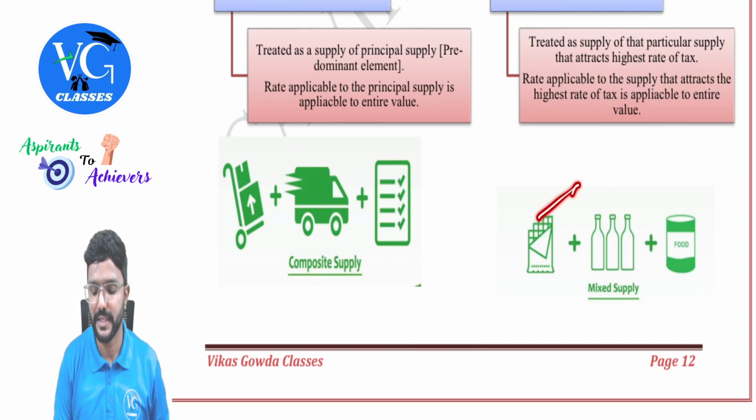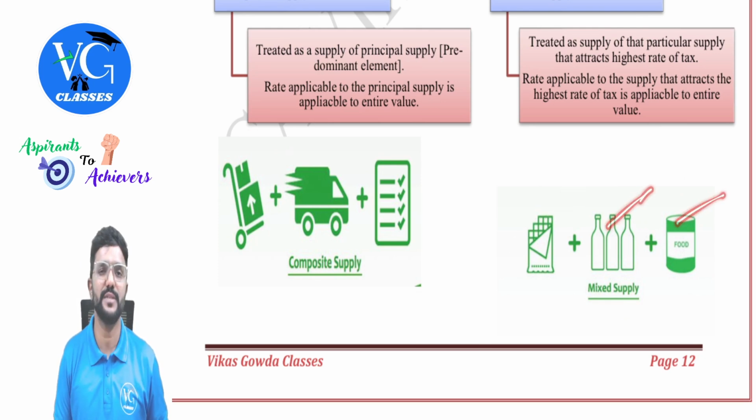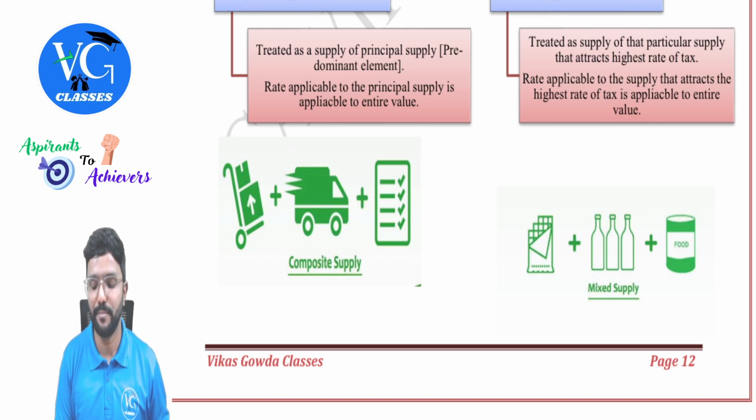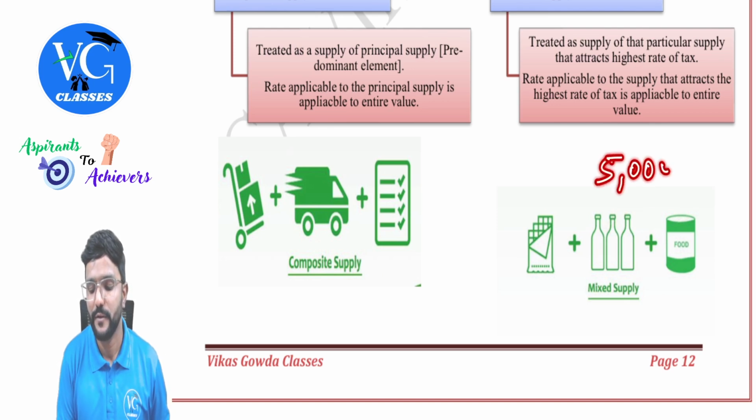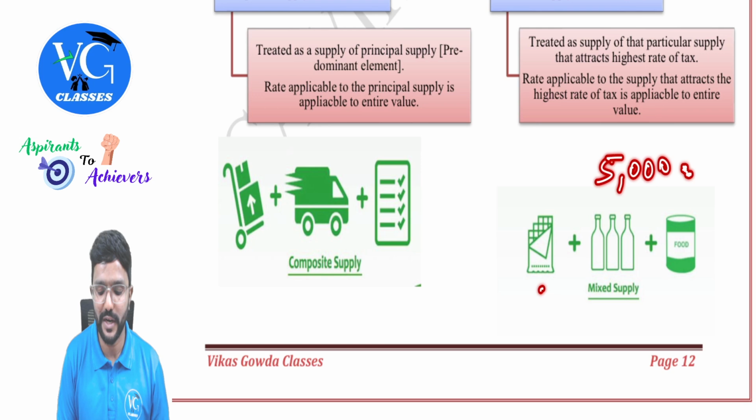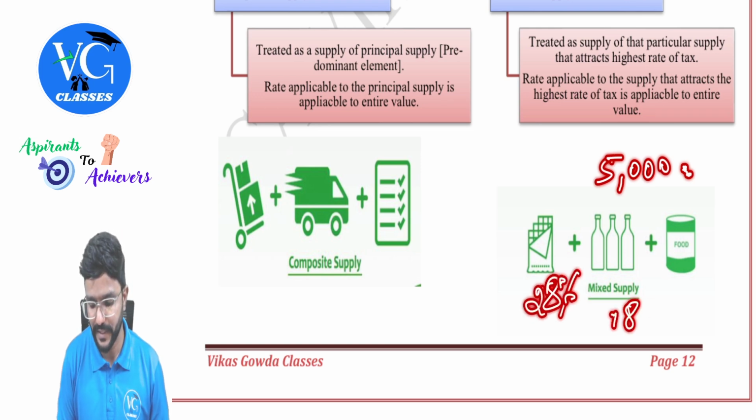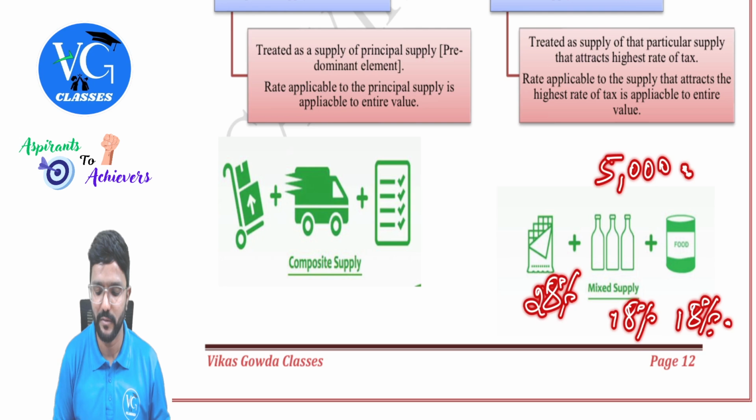Then coming to the other example, which is for mixed supply. Assume, guys, chocolate is supplied along with beverages and food items or snacks as a single package for 5,000. Single price is charged for all the three products. Is it naturally bundled? No, sir. It can be sold separately. In that case, identify which product has the highest rate. Assume for chocolate the rate is 28%, for this 18%, and let me assume this as 5%.